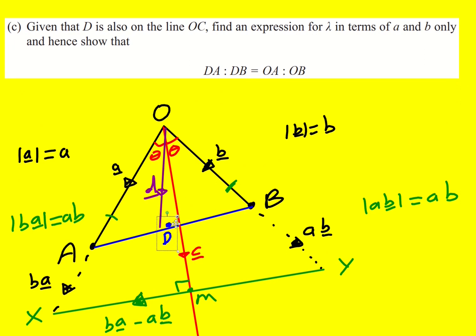So in fact, I'm going to need to move it here and here. And we're asked to find an expression for lambda in terms of A and B only, and hence show that this ratio is true.